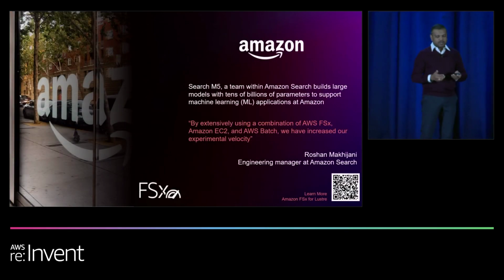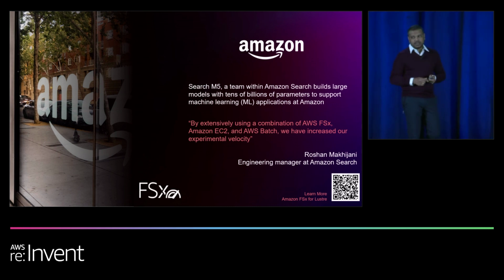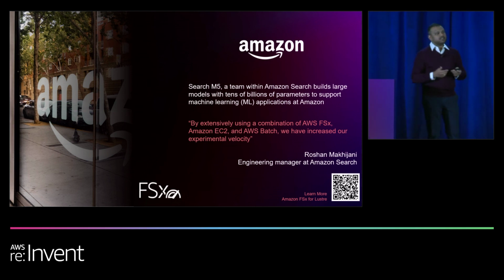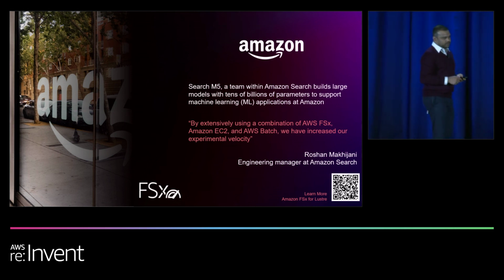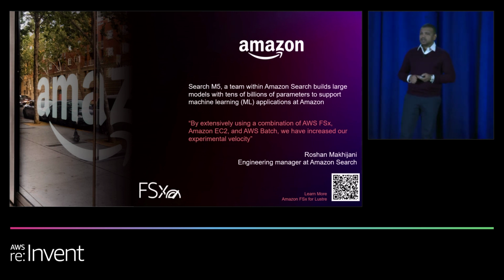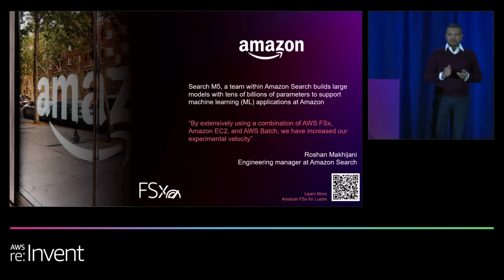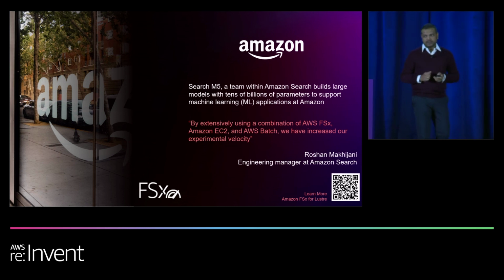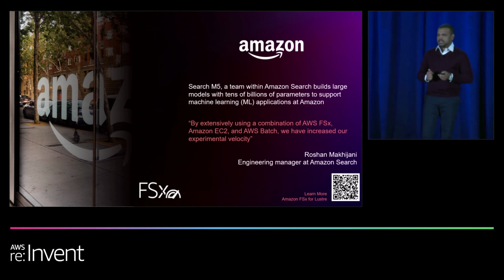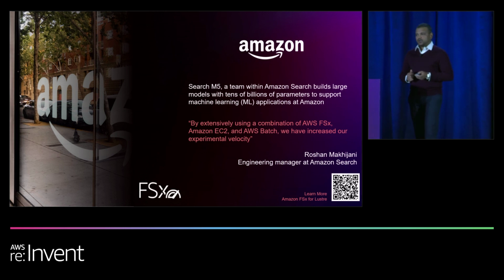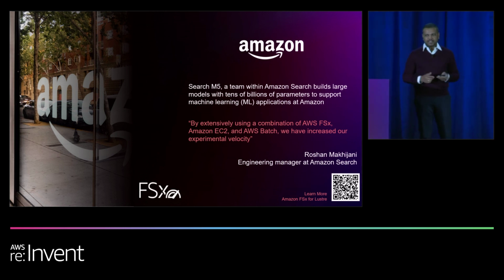This is a reference from one of our internal customers, Amazon Search. They work on enhancing user experience for products and services on Amazon.com. They train thousands of machine learning models concurrently, each with over 200 million parameters, right? And they have very large-scale terabyte-sized data sets. Their overall data set size is in petabytes, and they use S3 for its durability to store that data.